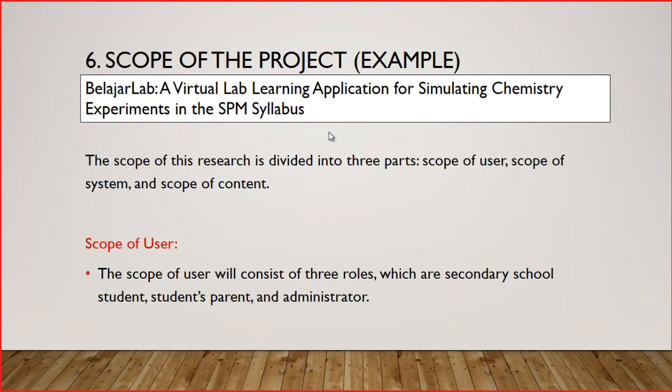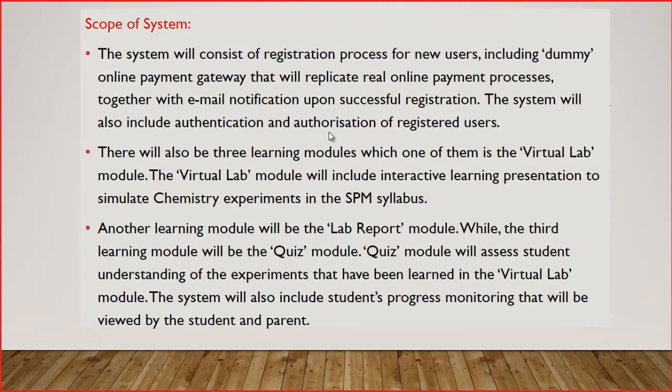So there are 3 types of users that will be using this particular virtual lab learning application: students, parents, and administrator. So that's it for scope of user. Now scope of system. Now he is being detailed.